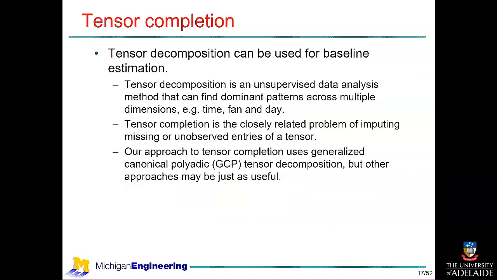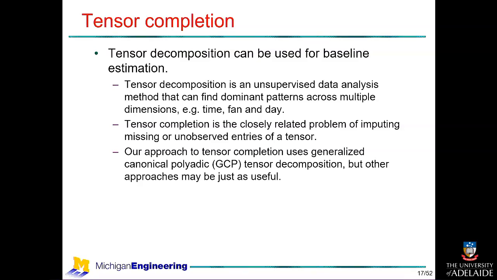The process that we've been utilizing is called tensor decomposition. Tensor decomposition is an unsupervised data analysis method that can find the dominant patterns across multiple dimensions. The dimensions are time, fan (we have submetering data on a number of fans in each building), and day.